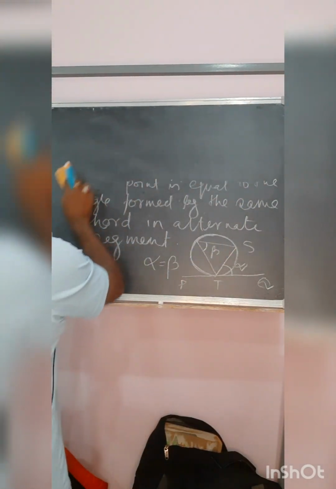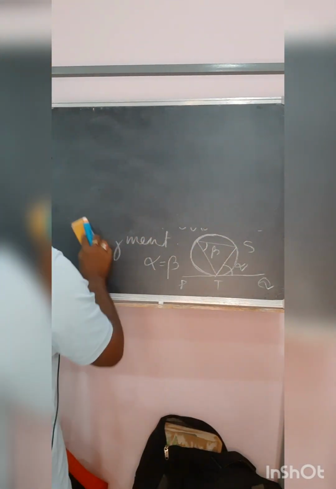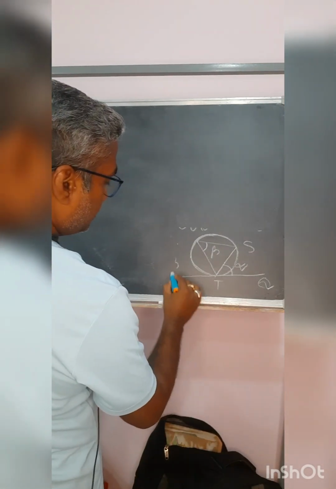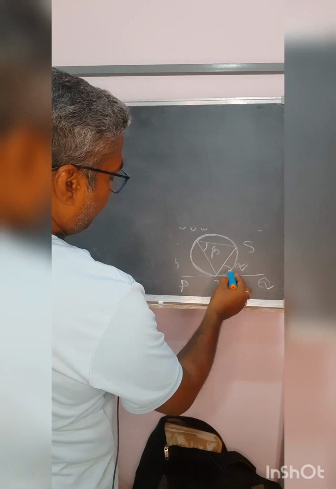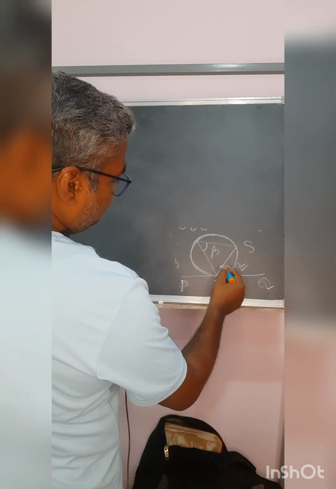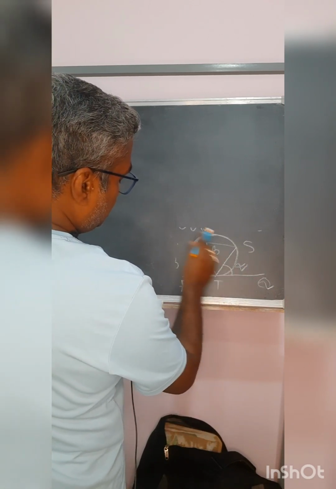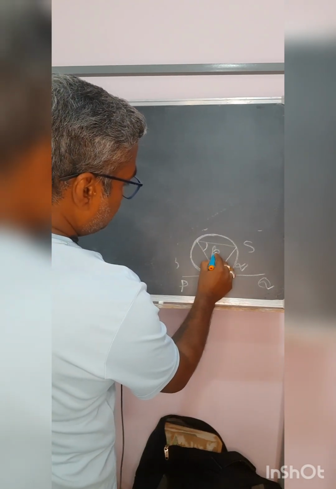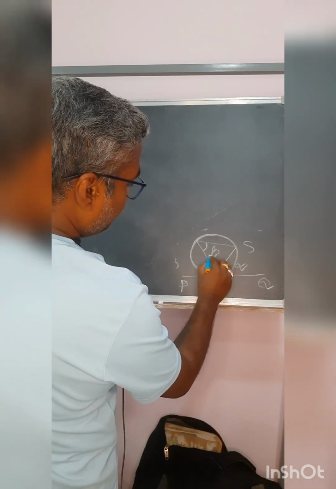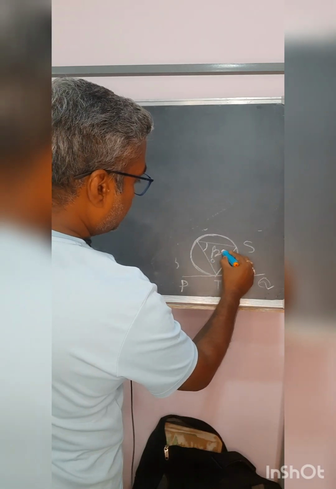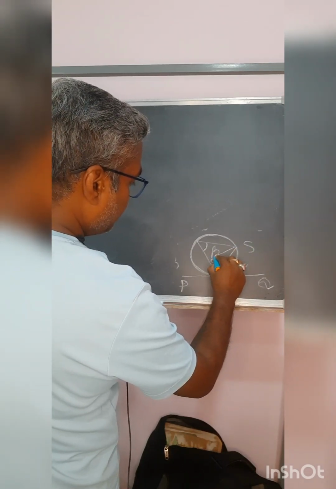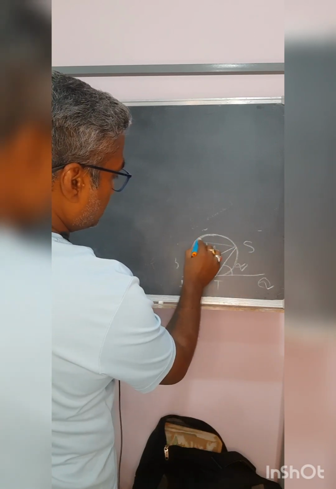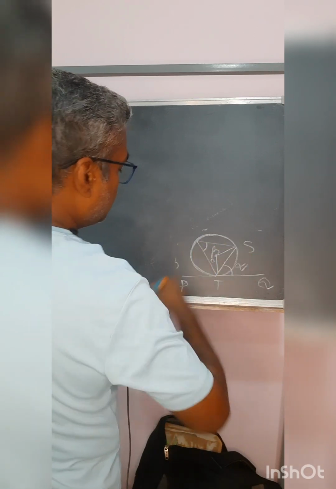Let me draw the center first. Let me assume that this is the center O, and I will connect the center to the vertices of the triangle formed due to the angle formation with the chord.